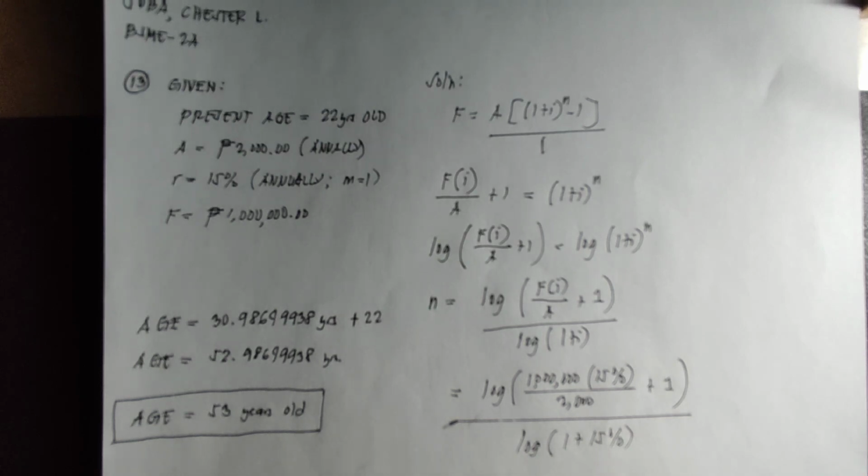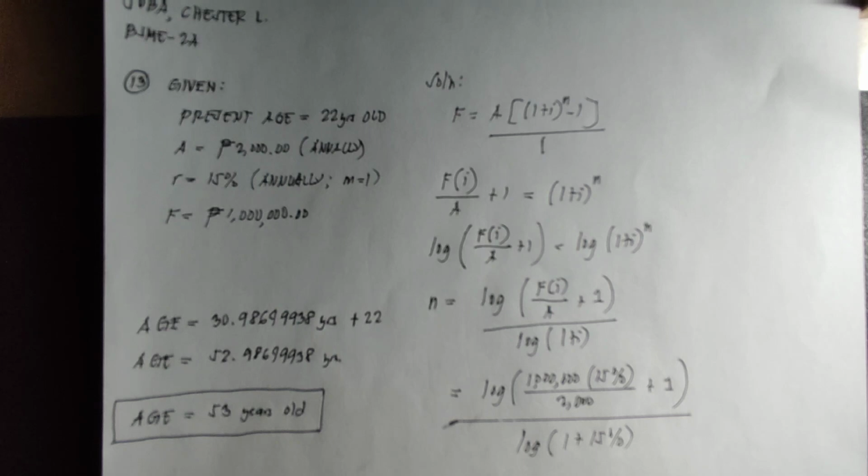Then this will become n is equal to the natural logarithm of F times i over A plus 1 over the natural logarithm of 1 plus i. This will become the natural logarithm of 1 million multiplied to 15,000 all over 2,000 plus 1 all over log of 1 plus 15%.